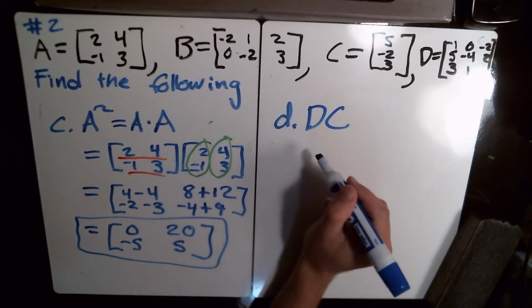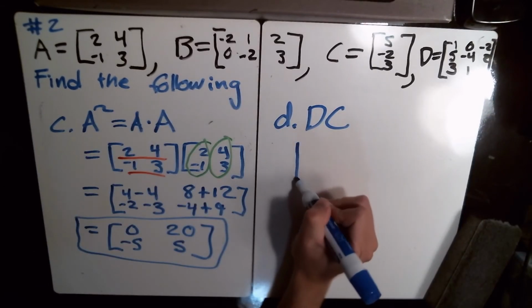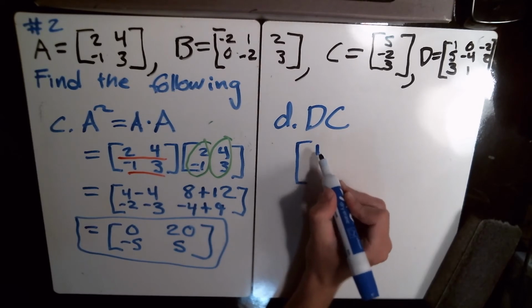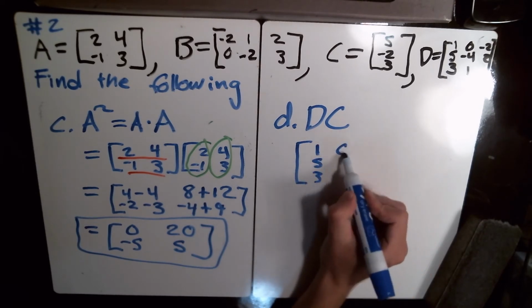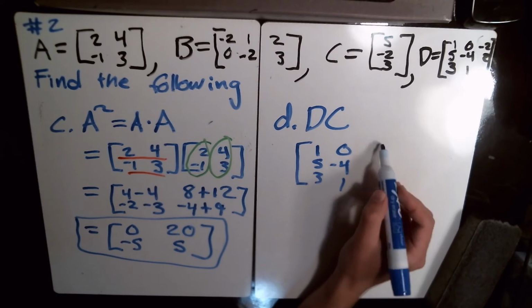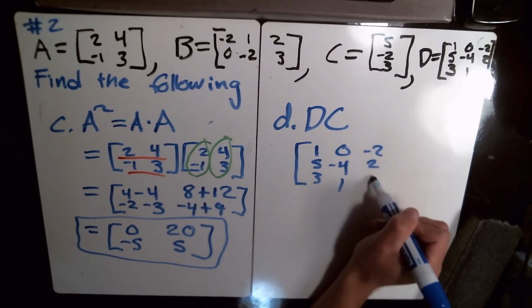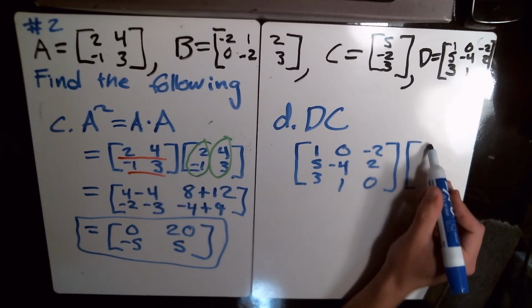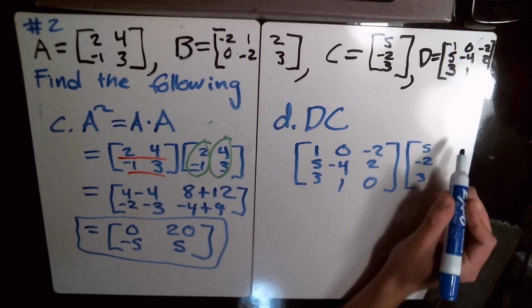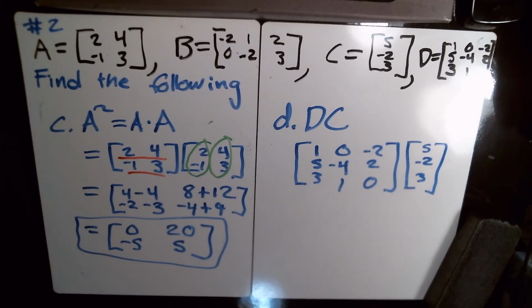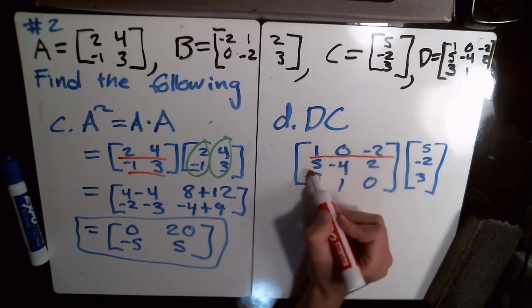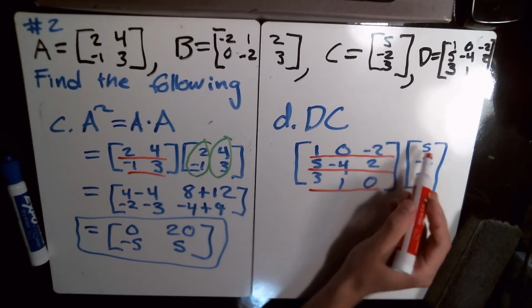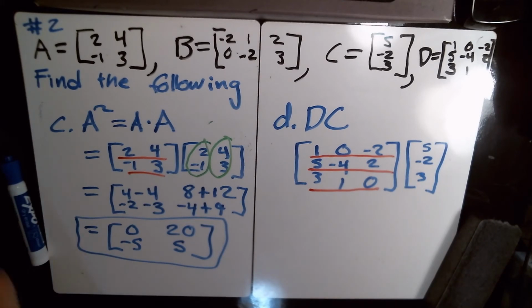Okay, and then let's do DC. So we do rows of this matrix times columns, and note there's only one column in there.